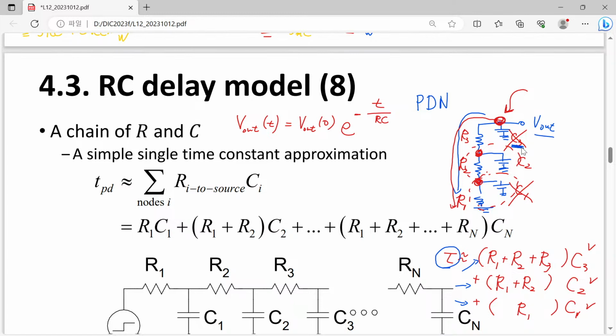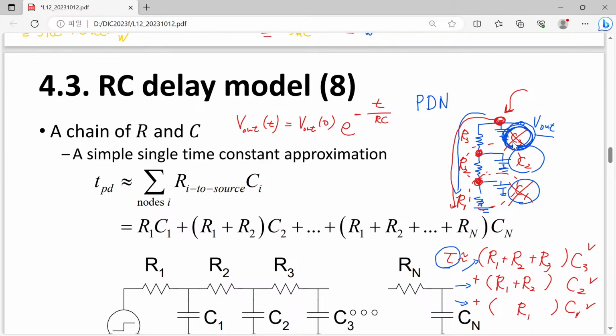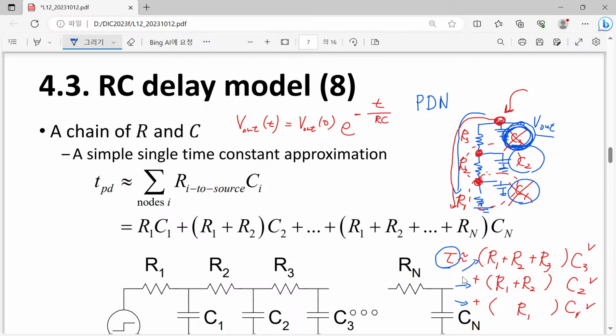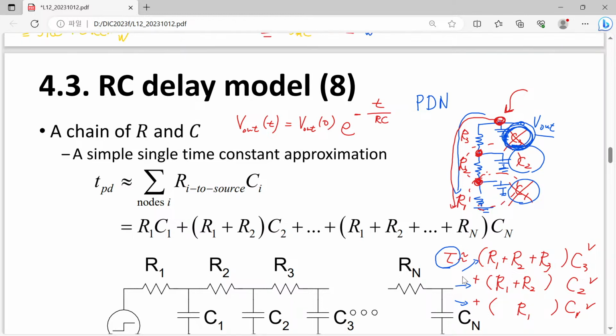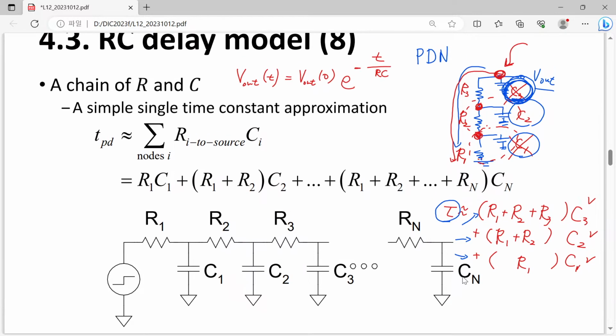Roughly speaking, in order to discharge our final capacitance C3, first we have to discharge C1 and also C2, and finally we can discharge C3. So we just sum them up. Of course, the actual analysis is not that simple, but this is a good approximation for this complicated system.